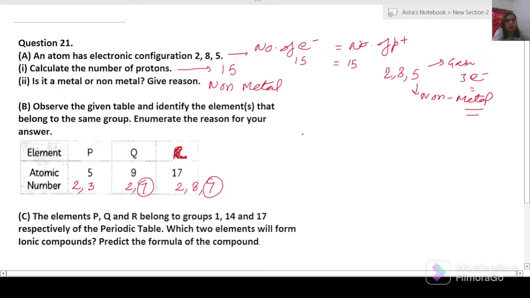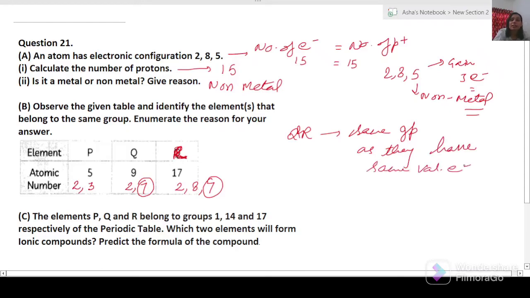So Q and R will be in the same group, as they have the same valence electrons. In a group, the valence electrons remain the same. So if they have 7, 7 in their outermost shell as their valence electrons, they will be in the same group.